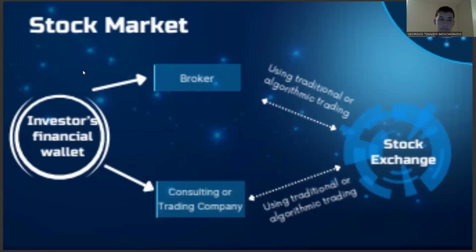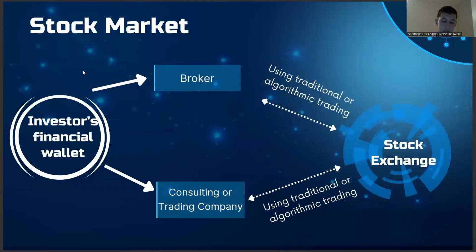Let's see now how does the traditional stock market works. In general way, and with this graph, investors must have a bank account where they will have their investing amounts, portfolio or a wallet.